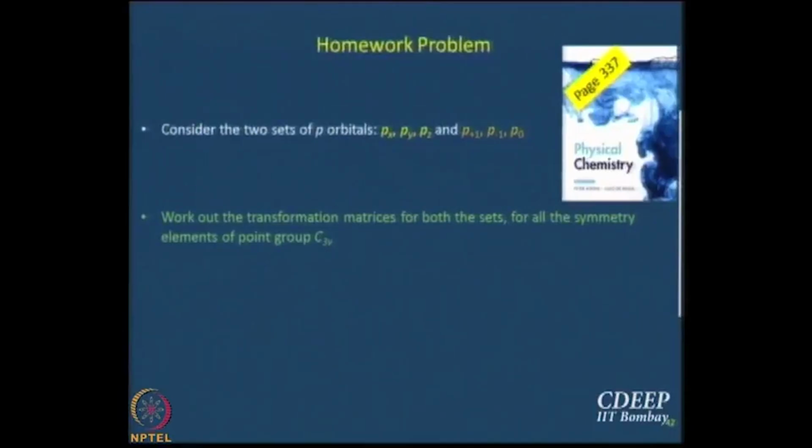So how many matrices do you generate? E, C3, C3 square. E is very easy. Okay, I won't even count E. C3, C3 square, sigma V1, sigma V2, sigma V3. 5 into 2, 10, plus the 2 bonus matrices E. Okay.